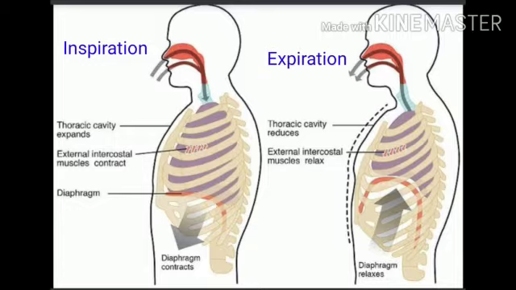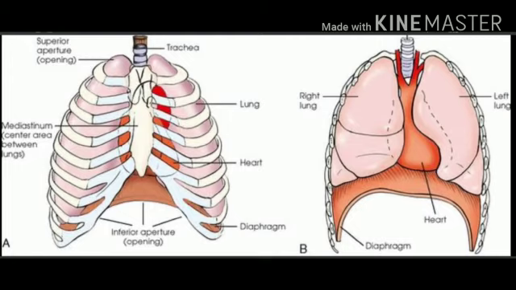Before we discuss inspiration in detail, I would like you to know certain terms: thoracic cavity, ribs, intercostal muscles and diaphragm. Thoracic cavity, it is also called chest cavity. This cavity encloses our lungs and heart.